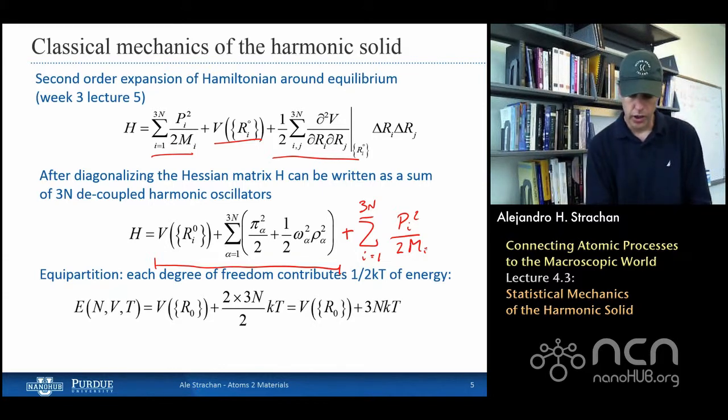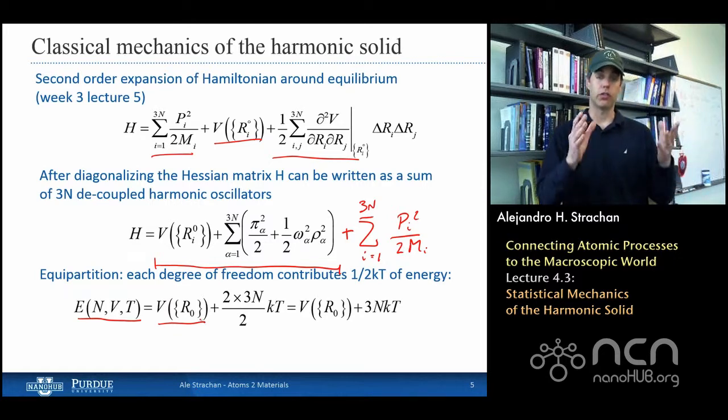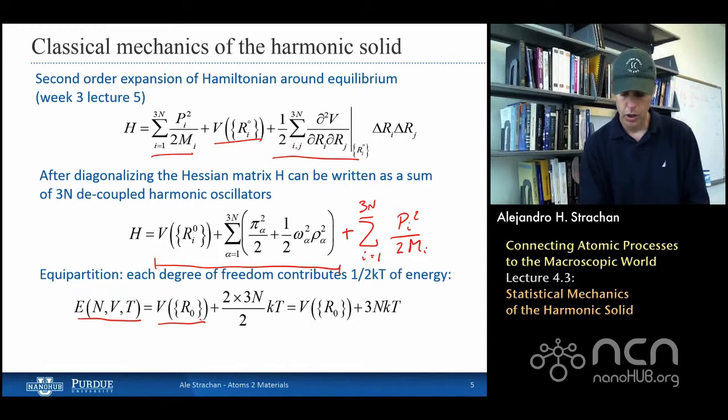So in this case, the total energy of the system as a function of temperature will be the energy of the system in its ground state, plus the thermal energy.